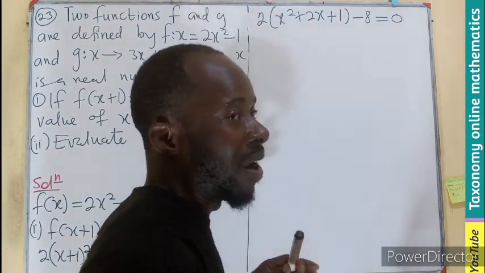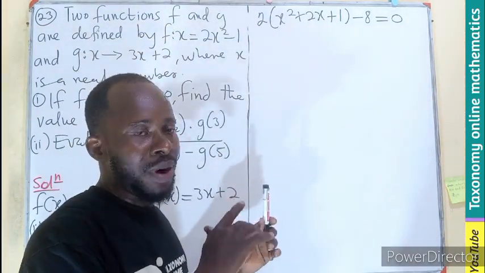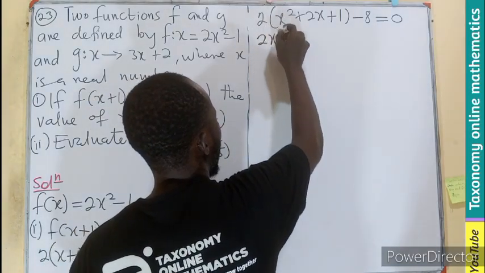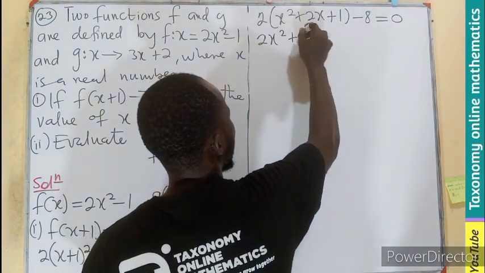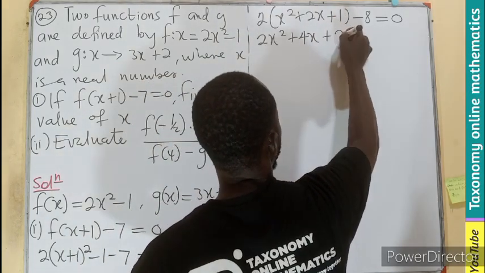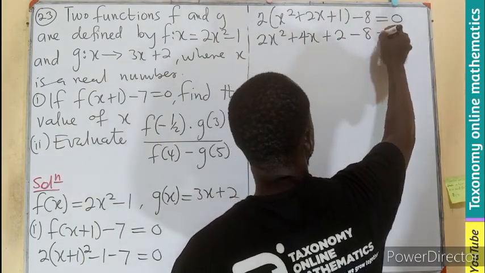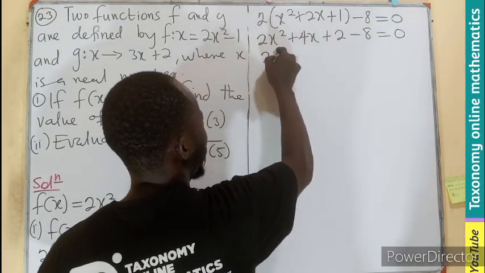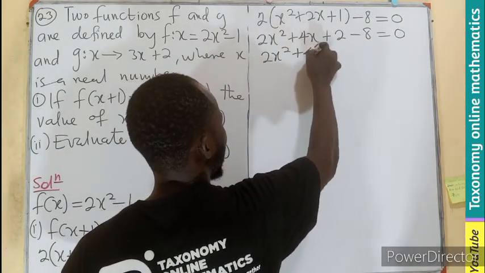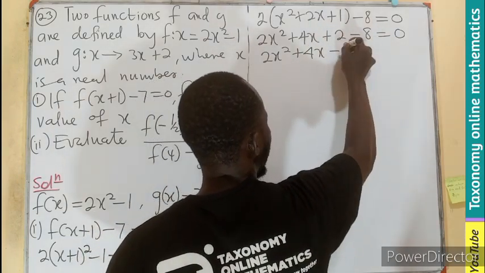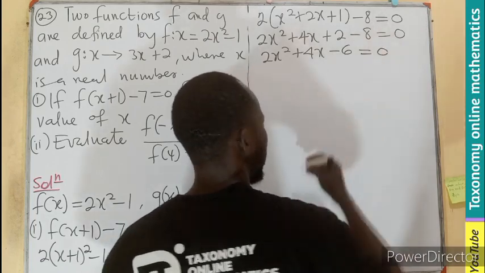But in the bracket, we have a number before it, so we multiply. 2 times this will be 2x squared, plus 4x, 2 times this, 2, minus 8 equals to 0. I can see 2x repeated, so 4x plus 2x, 6x, and 2 minus 8, minus 6 equals to 0.